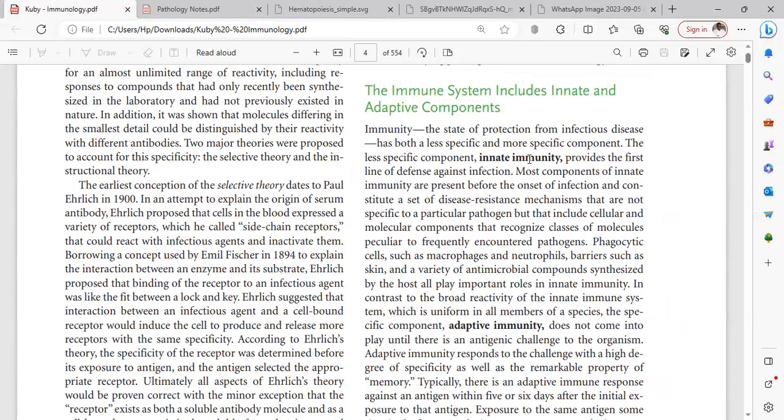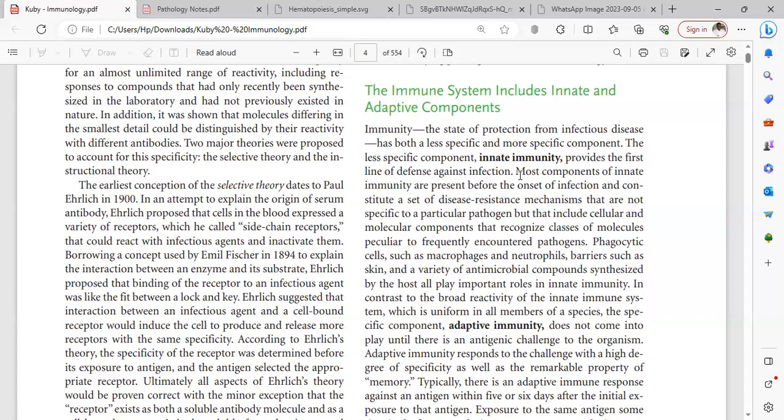The innate immunity is less specific compared to the adaptive immunity. The innate immunity provides the first line of defense against most infections, and we'll see it later. It has different components that build the innate immunity.